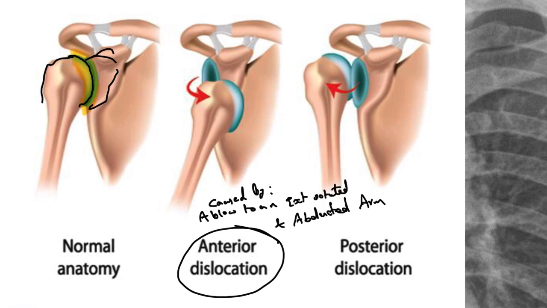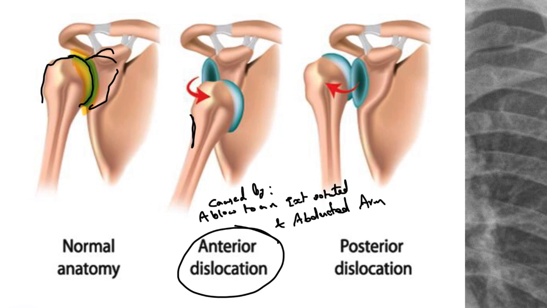Mostly the head of the humerus is displaced anteriorly, and because of this anterior dislocation we can see that the deltoid prominence will be flattened. And why?